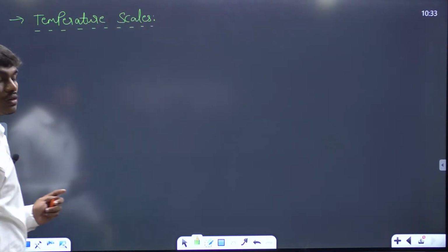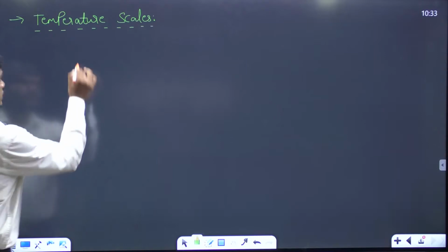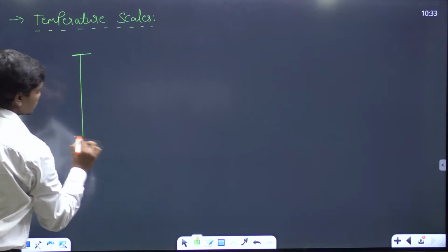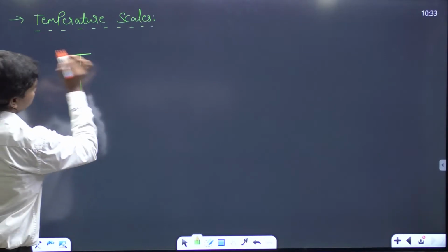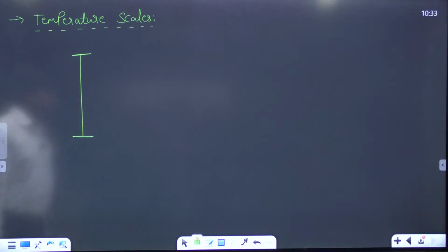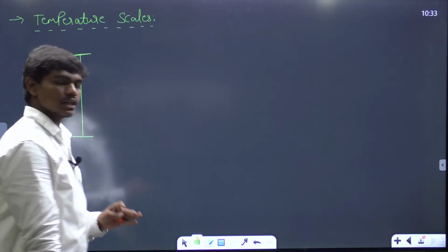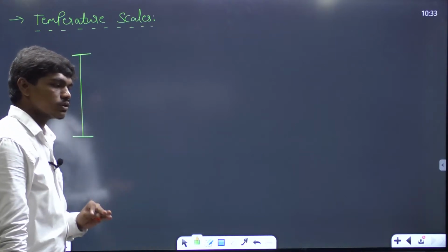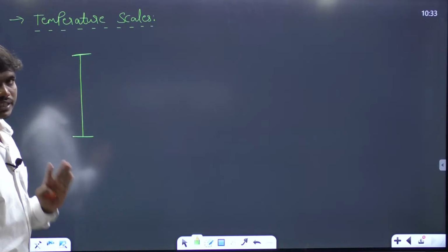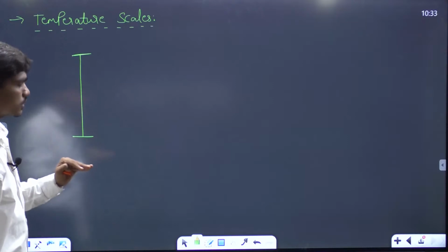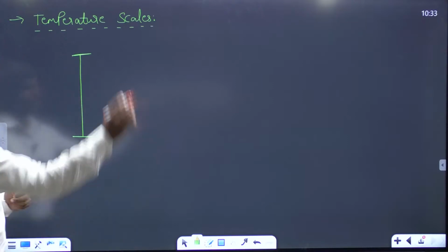So now, for any temperature scale that you design, you should have a lower reading and an upper reading. Correct? Definitely. No, actually types of thermometers is not in the syllabus of GATE, it's in the syllabus of ESE, which I'm not dealing with in this course right now, but it's enough if you study the zeroth law of thermodynamics. Okay, but in temperature scales some questions are being asked, so I am giving this data for you.